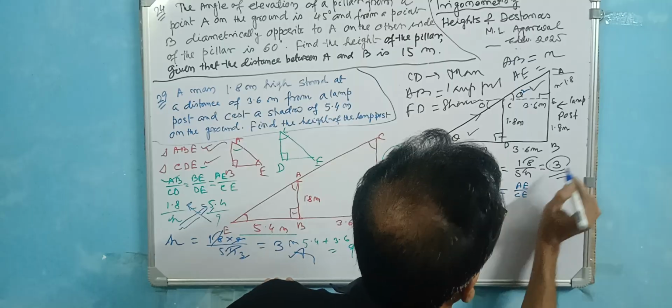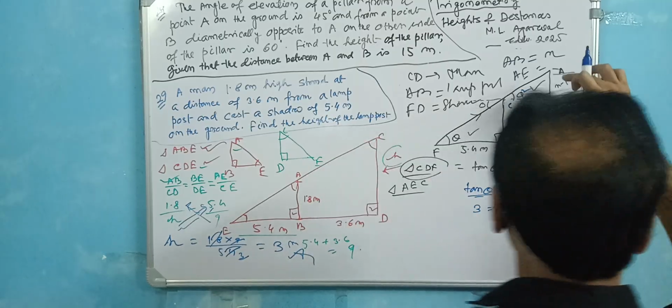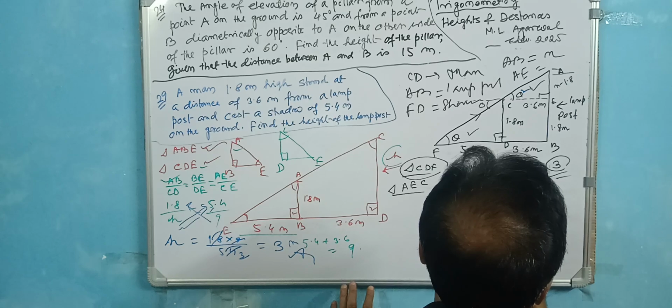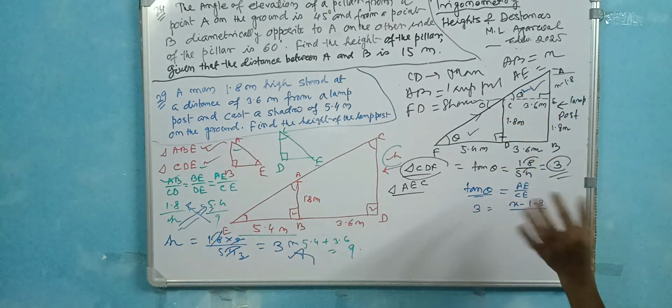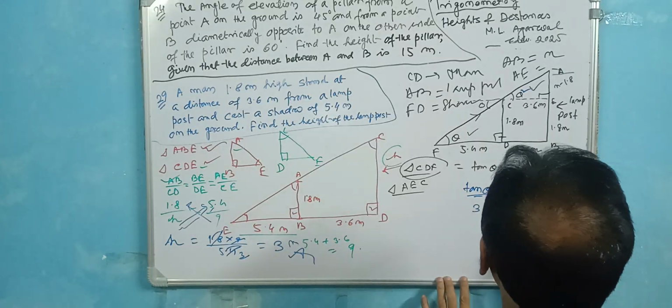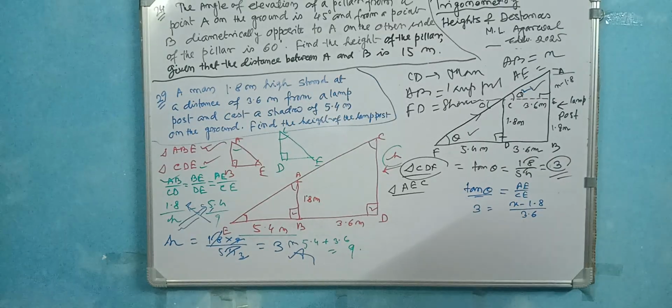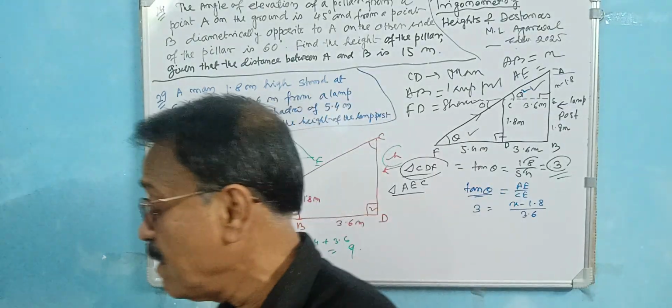You know the tan theta value is 3, put here. What is the value of AE? Actually X minus 1.8. Now CE, what's the value? This is 3.6, so this must be 3.6. Is it okay?